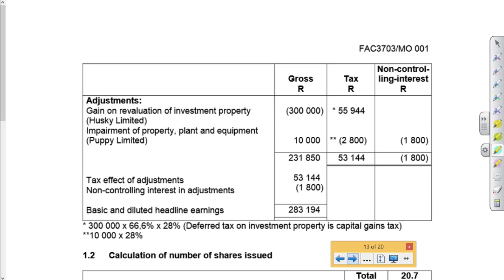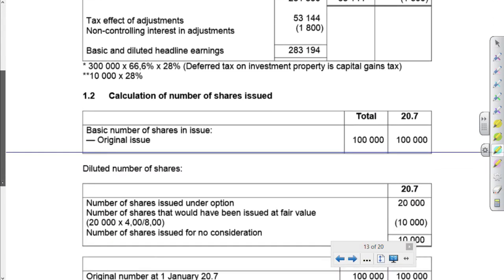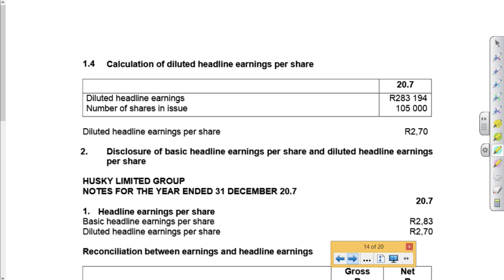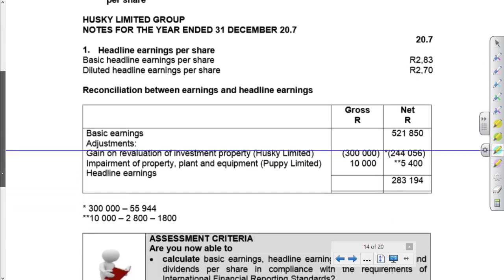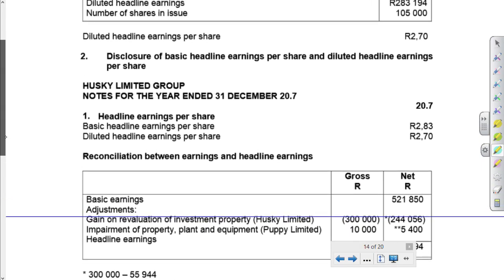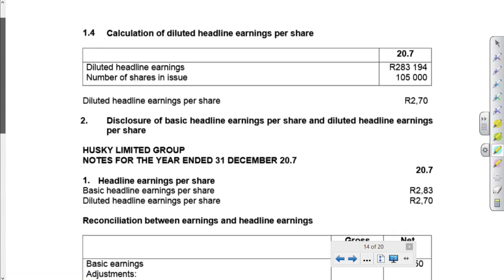They just do a calculation, or they do disclosure. Here's the numbers they get to. See if you can get to these numbers.